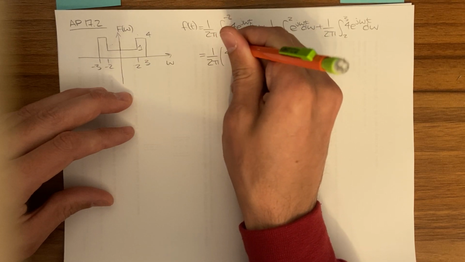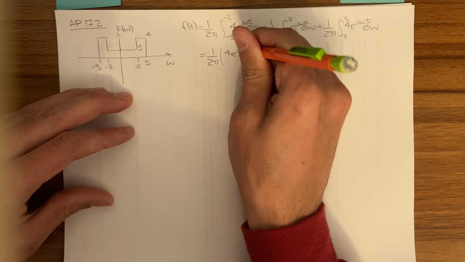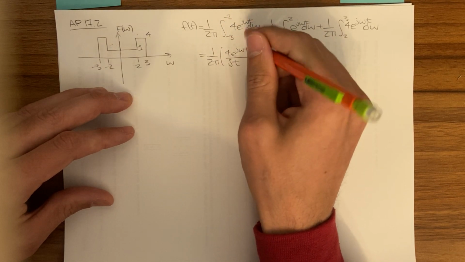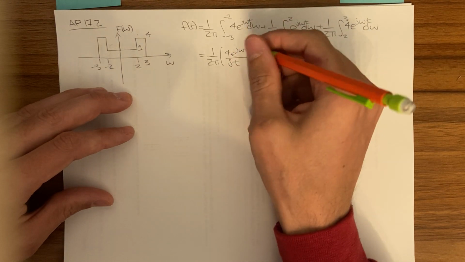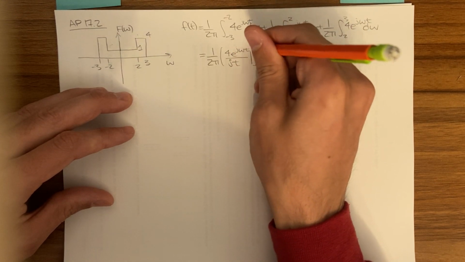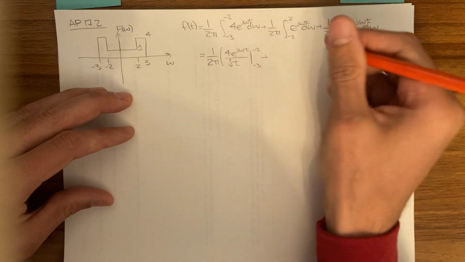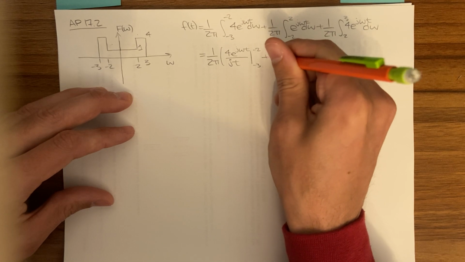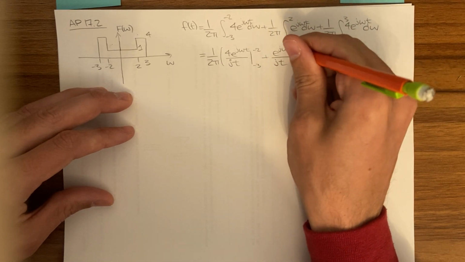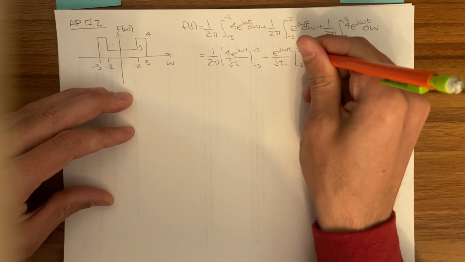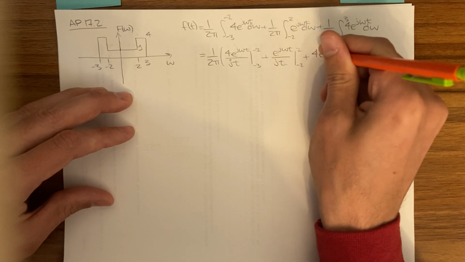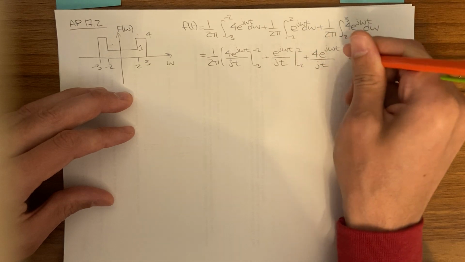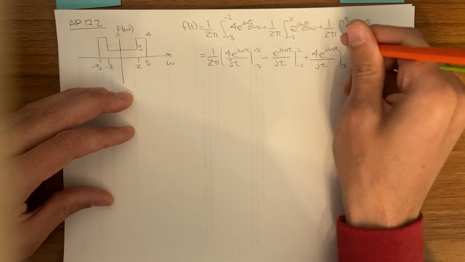So now we have 4 e to the j omega t over jt, because the integration variable is omega now, from -3 to -2, plus e to the j omega t over jt, evaluated from -2 to 2, plus 4 e to the j omega t over jt. We're going to go from 2 to 3.